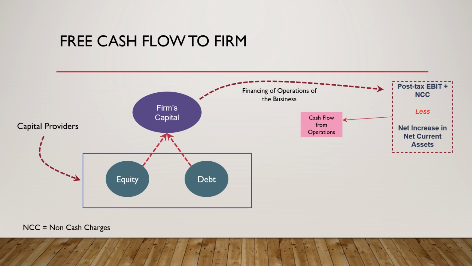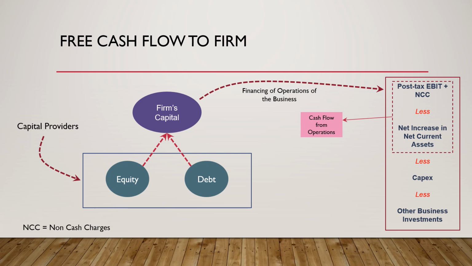There's a little bit more to be accounted for after this, and this is the capital expenditure or investment in fixed assets and other business investments required to keep the business running. And this, my friends, gives us the measure of the free cash flow to all capital providers, or FCFF.